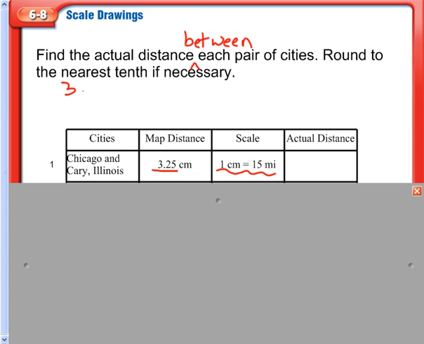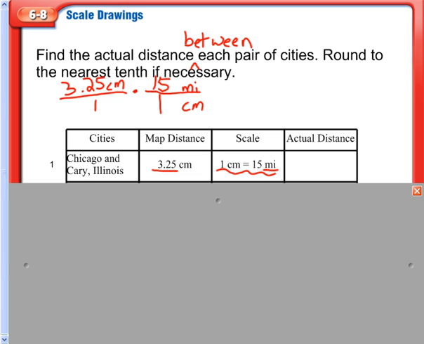So you have to write up here 3.25 centimeters over 1, times centimeter, we know is on the bottom, to miles. We have to keep track of our labels because sometimes they'll mix it up on us. So 1 centimeter is 15 miles.